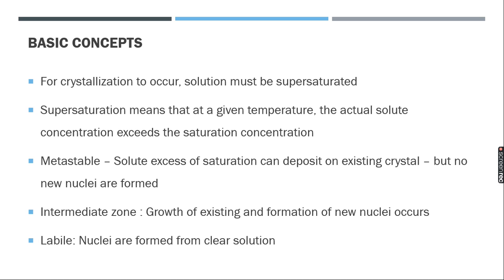The labile zone has the highest concentration; in the intermediate zone you can have growth and nucleation together; and in the metastable zone only growth is possible but no new nuclei are formed. So these three scenarios should be understood.